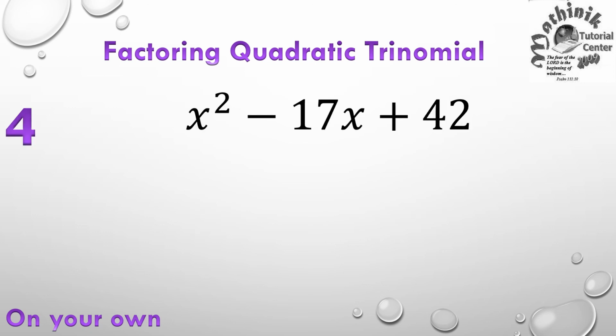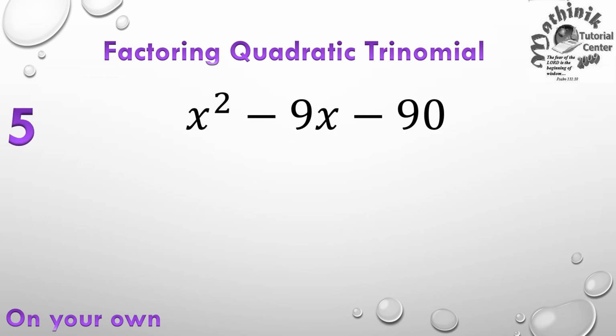x squared minus 17x plus 42. 15 seconds, go. So what are the factors for this trinomial? x minus 14 times x minus 3. Okay, last item.